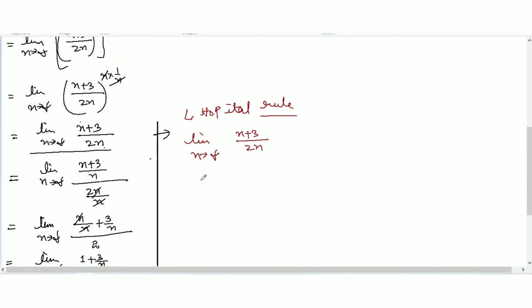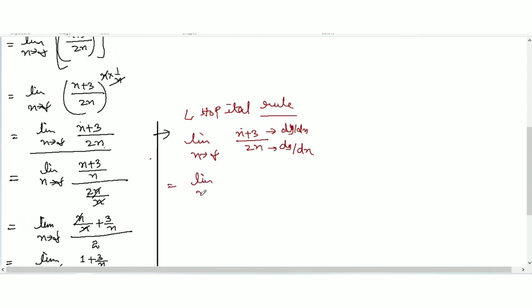Simply you can divide by n, but if you don't divide, you can find it this way: apply L'Hopital's rule, dy over dn, whatever variable you have. I have n here, so we will differentiate with respect to n in the numerator and denominator both.